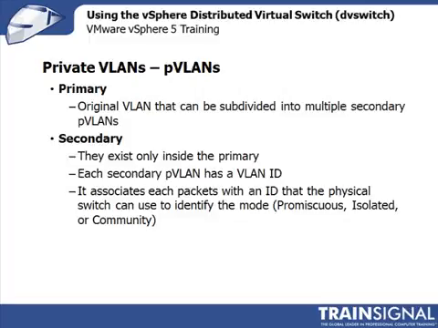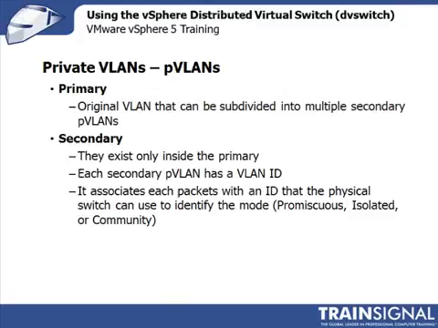And I'm going to show you when we go into the GUI configuration, this will be a little clearer, so it's a little confusing here, how you can append that ID to the original VLAN ID so that the physical switch that the packet is communicating with can understand where this is destined to. Now, you can have multiple secondary private VLANs, and they have three modes, either promiscuous, isolated, or community.